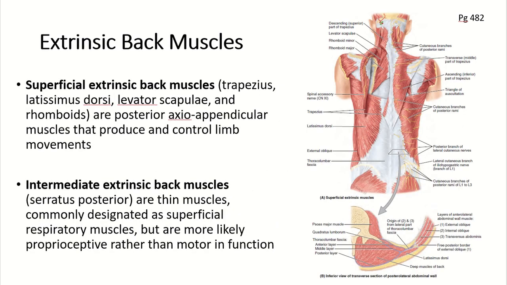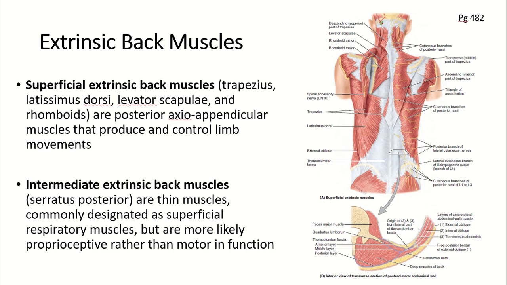So what are our extrinsic back muscles? Well, the first of them that we should know about, the superficial ones, are our trapezius, our latissimus dorsi, the levator scapulae, and the rhomboids, which we've already talked about way back when we first started our discussions about anatomical kinesiology.